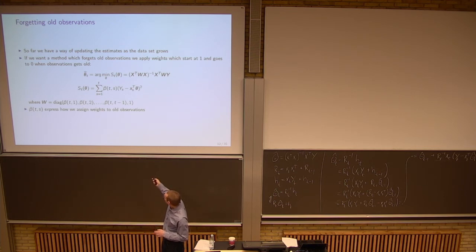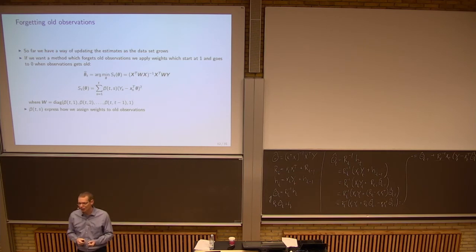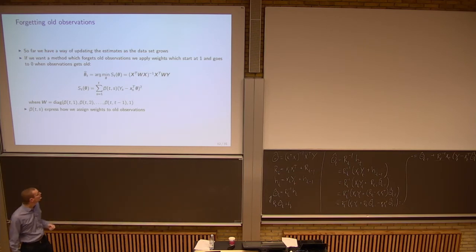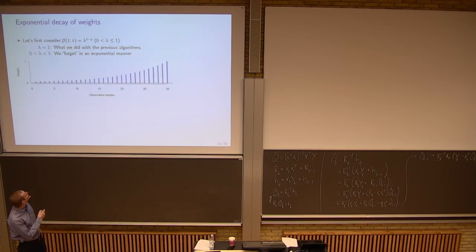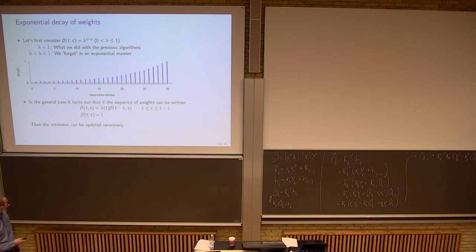You can have different functions for how to estimate the forgetting factor depending on the current and the past time. The typical thing is to just use lambda to some power corresponding to how many lags backwards in time. That's the usual suspect, and that's the graph that we've used for the trend model as well.